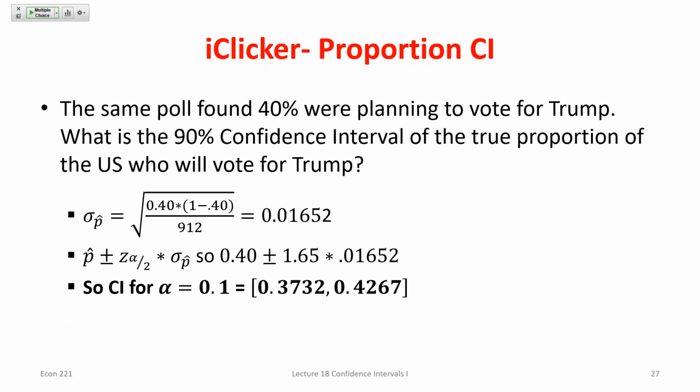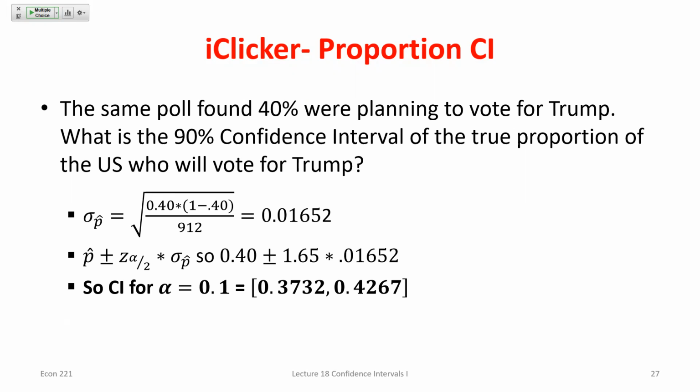So if I'm thinking about what these confidence intervals are telling me, they're telling me the true population proportion of people who are going to vote for these different candidates. So now I'm looking at Trump here, 0.3732, 0.4267. I have a blue one, but I guess I could make this real political, that being Republican here.